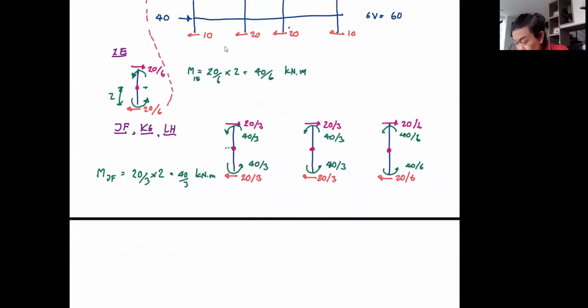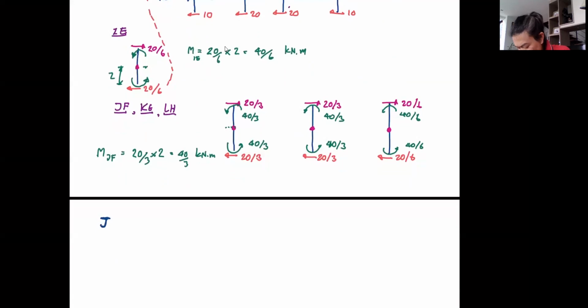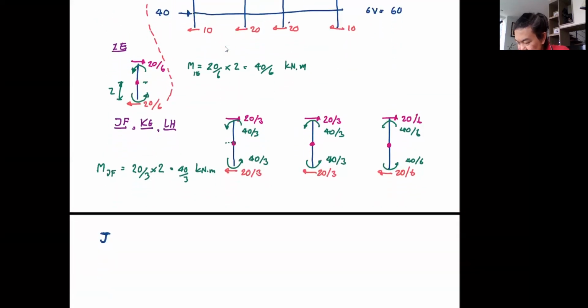So now we are looking at J, right? Okay, joint J. At joint J, from this, you will see that if I am going to draw the free body diagram, so try to look at this free body diagram and try to look at this at the same time, what I'm about to write. So now we have the joint J, and we have the external force here, 20 kilonewton. Now you have the moment, which is counterclockwise.